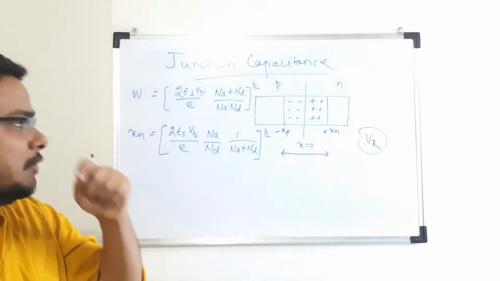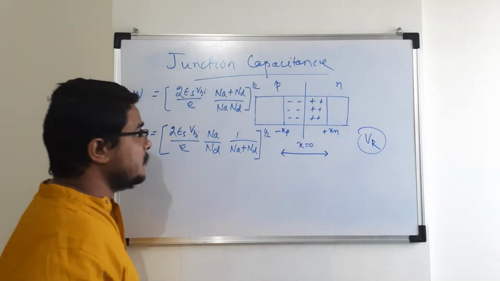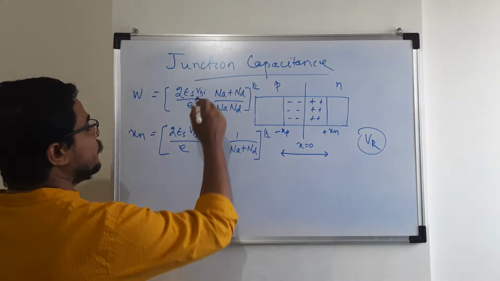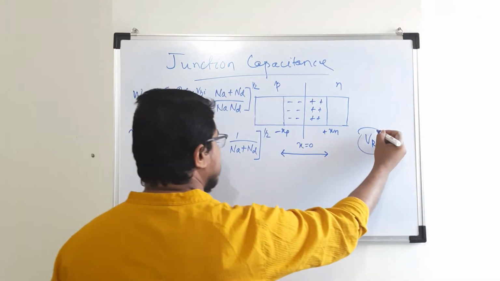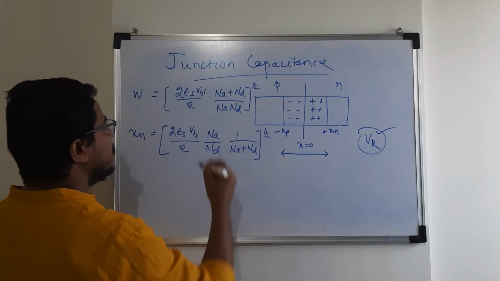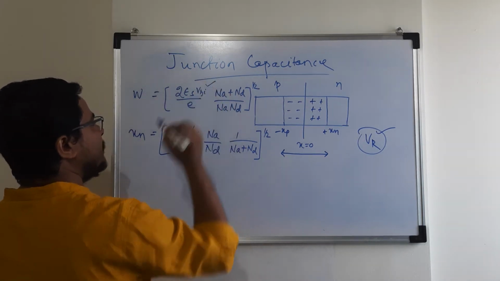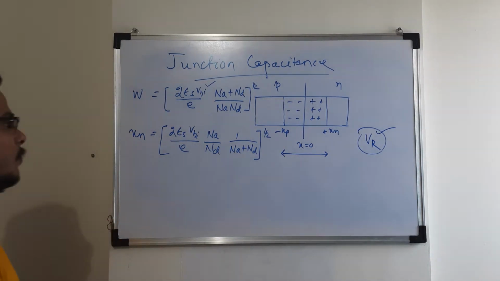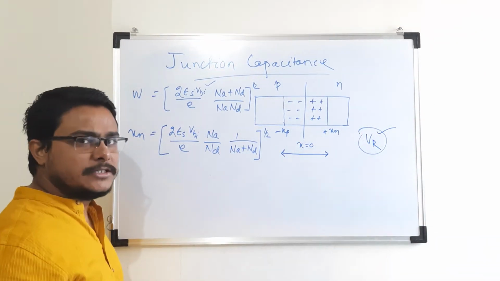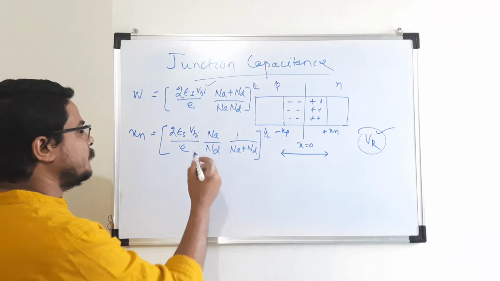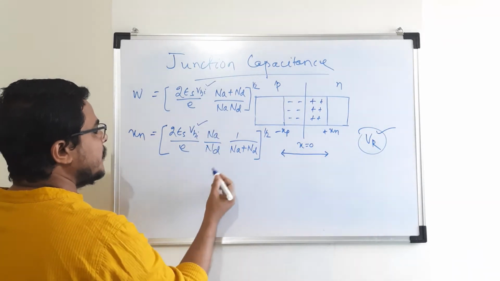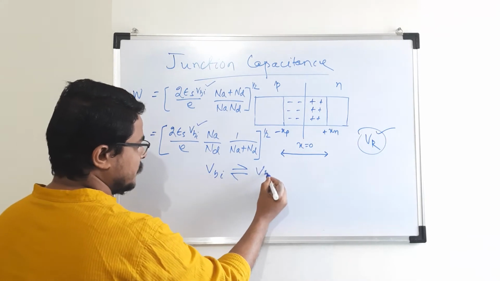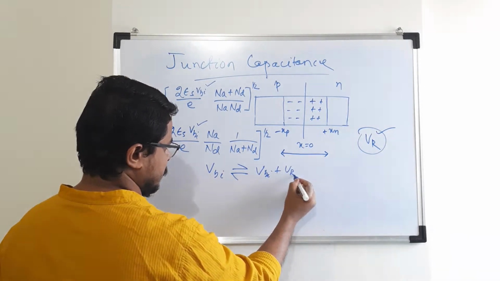You can check the other video where we discussed this. So the objective is, for the reverse applied bias condition, there will be an additional potential, because the band bending will be more and the space charge width will be more. Band bending is actually a measure of the space charge width. So here VBI can just be replaced by VBI plus VR. That is the only change in these expressions.